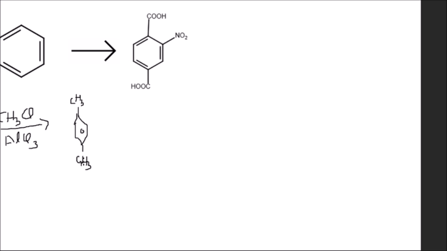And we don't care if it was CH3 or CH2CH3 here, because if we do the oxidation, as long as we have hydrogen on the benzylic position, we can convert it into a carboxylic acid. So a better way would be adding ethyl chloride.